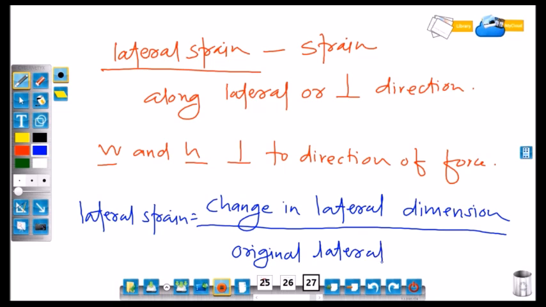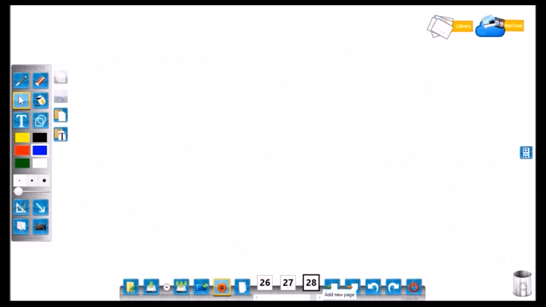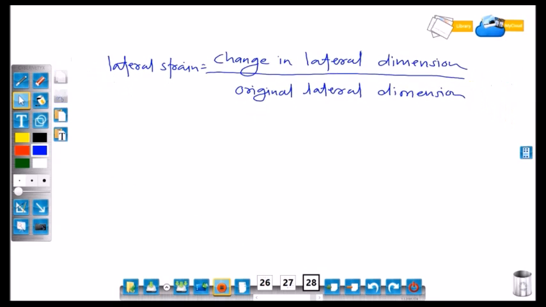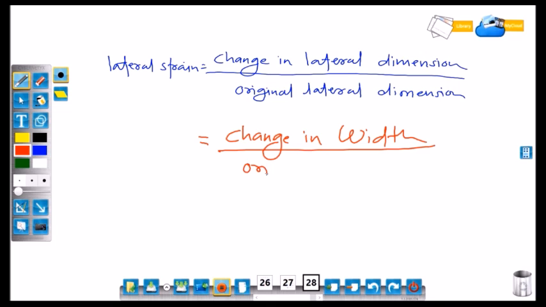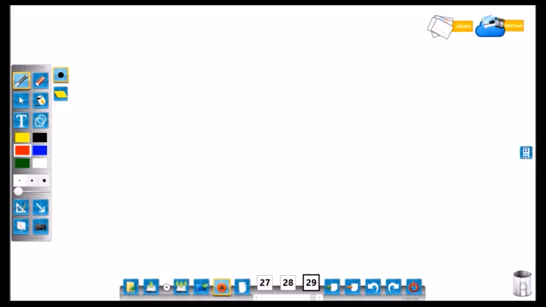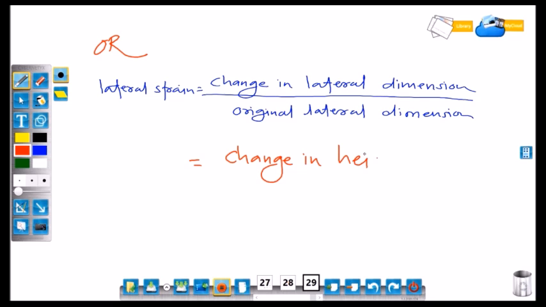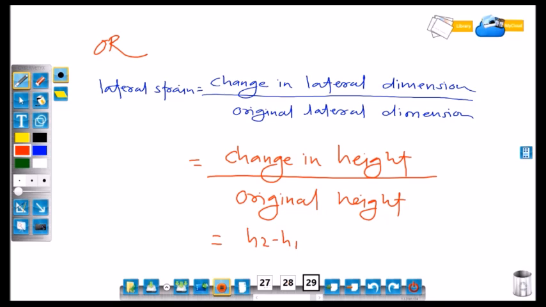So the lateral dimension will be width or height. Lateral strain is equal to change in width per unit original width, that is W2 minus W1 upon W1, or change in height per unit original height of the body, that is H2 minus H1 upon H1.